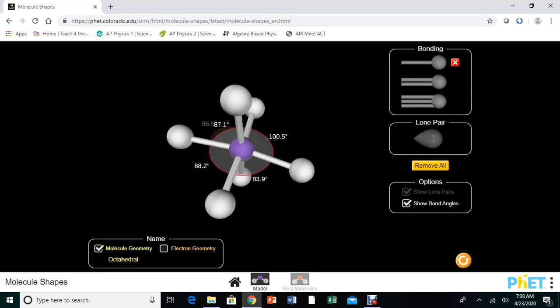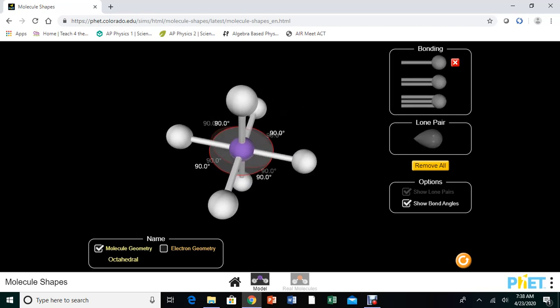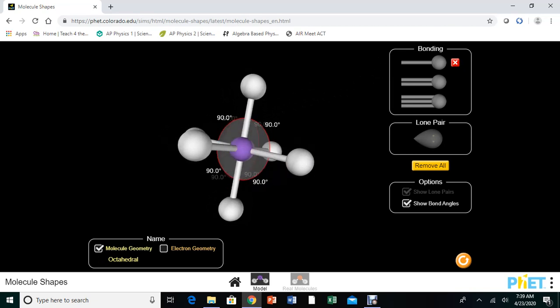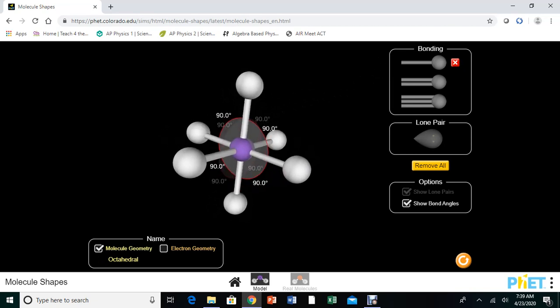And one last bond, so we have 6 bonded atoms now, and the bond angle changes to 90 degrees, and that would be octahedral.